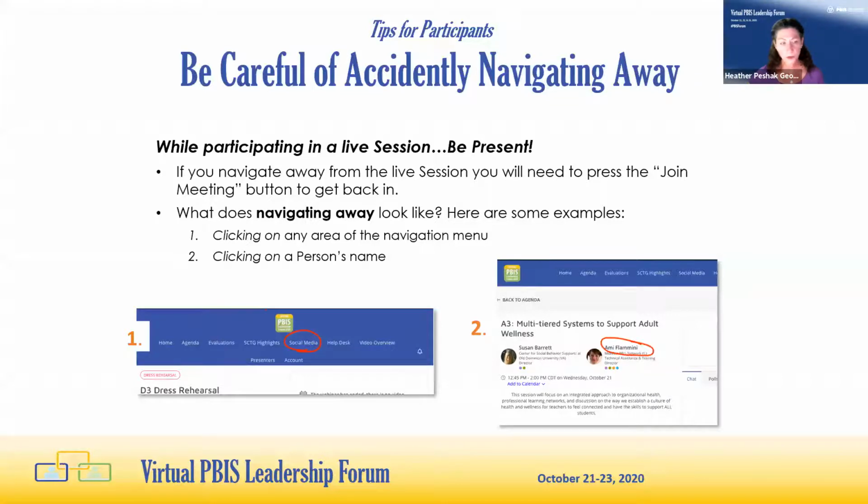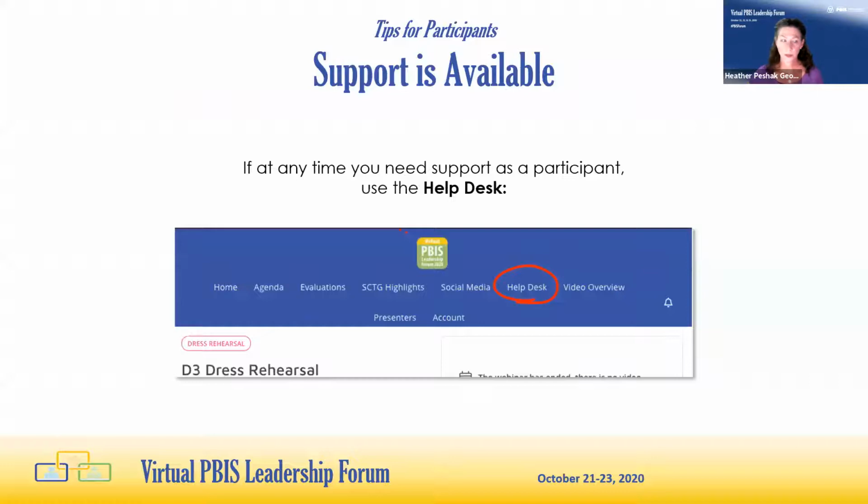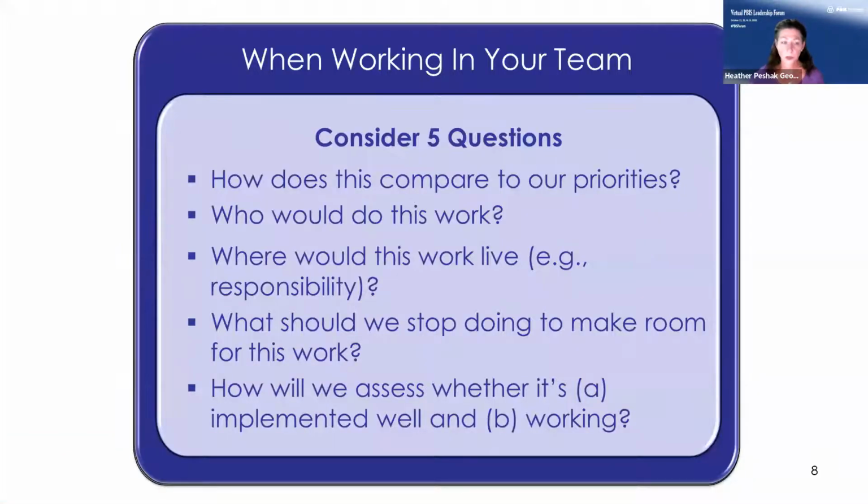But the biggest fear, I think, is accidentally navigating away, because it can create an open window if you move away from the Pathable app. But don't worry, sometimes it's much easier to get back than you think. And just know that there's the help desk at the top of your browser on the Pathable that will be there to assist you in this process.